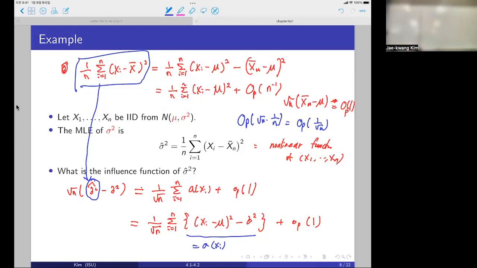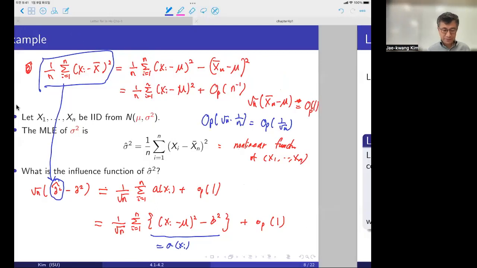So big O_P of 1 over root n goes to 0. Okay, so we'll move on.